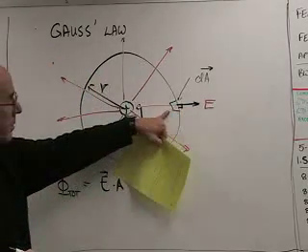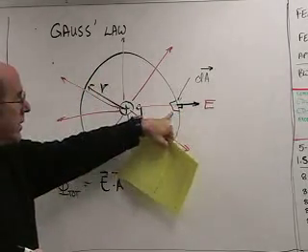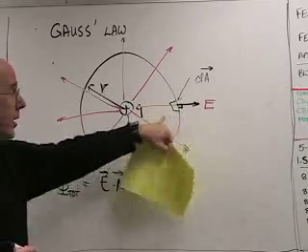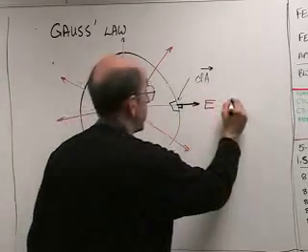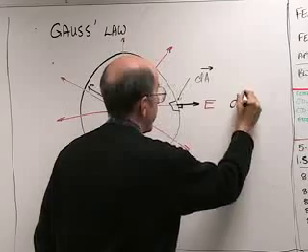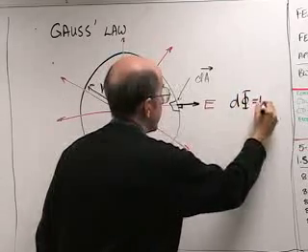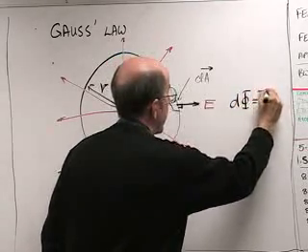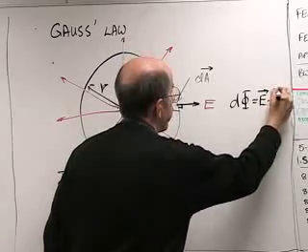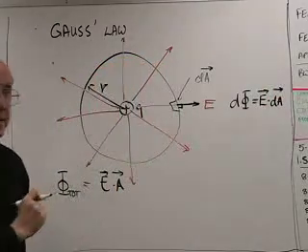So we've got a little bit of area, and that has a little bit of flux coming out of it. There's going to be an increment of flux which is just equal to the E field dot producted with dA for that little spot.